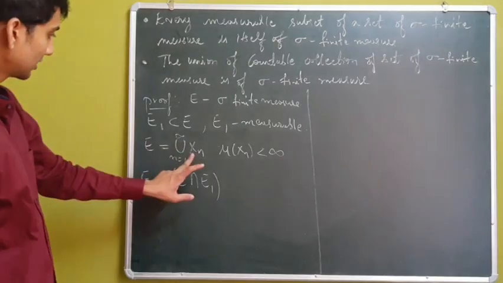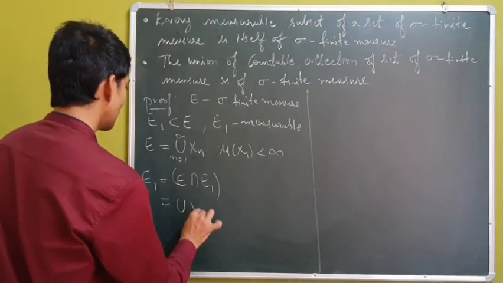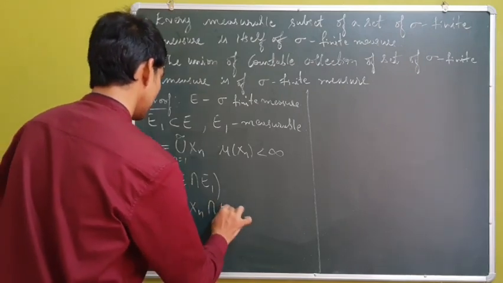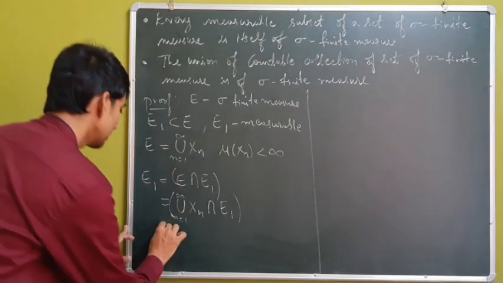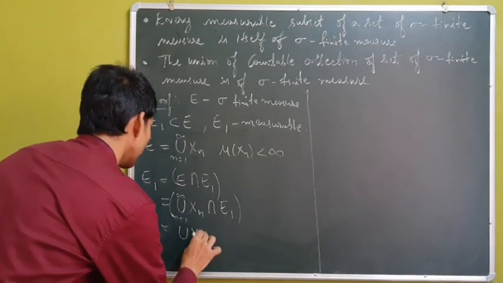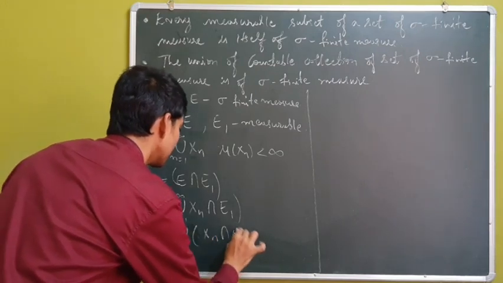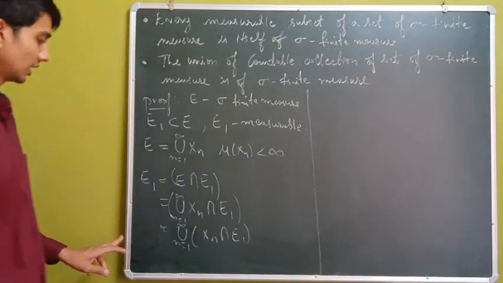Having expressed E as a countable union, I will replace E by the countable union of Xn's intersection E1. So this is the same as the union of Xn intersection E1, n from 1 to infinity.